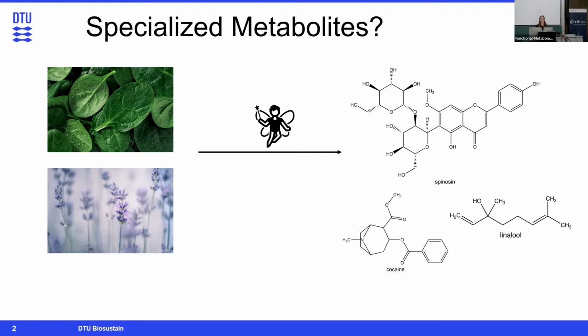Linalool is one of the compounds responsible for the smell of lavender, and it's a terpenoid. Organisms produce all these compounds as a response for pollination, survival sometimes, competition and predation. And we use them as antibiotics, pigments, or different odors.